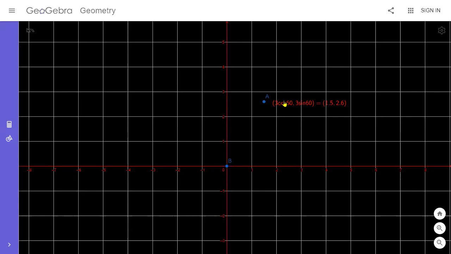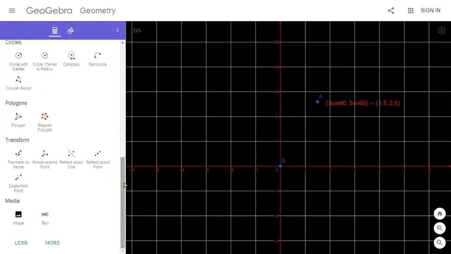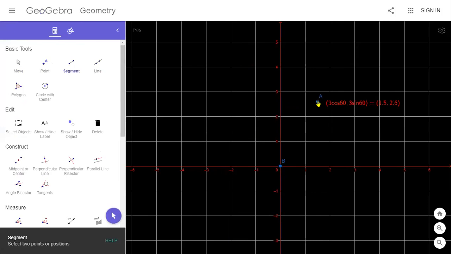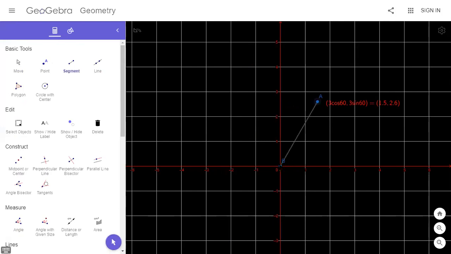Here we have just changed this polar coordinate system into the corresponding Cartesian coordinate system, and we visualized both the coordinate systems. Let me join these points. This is the point A, and let's join it to the point B, the origin. Here we can see our triangle is formed.